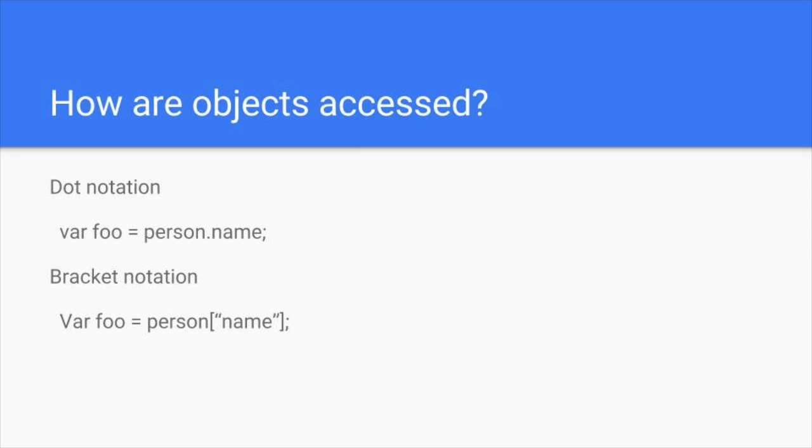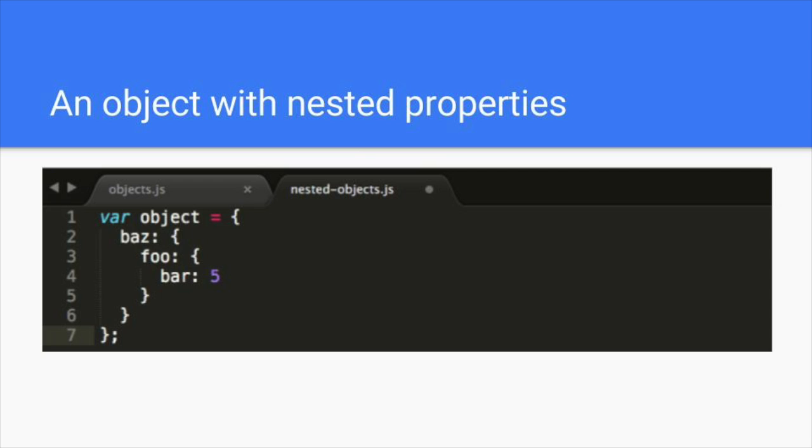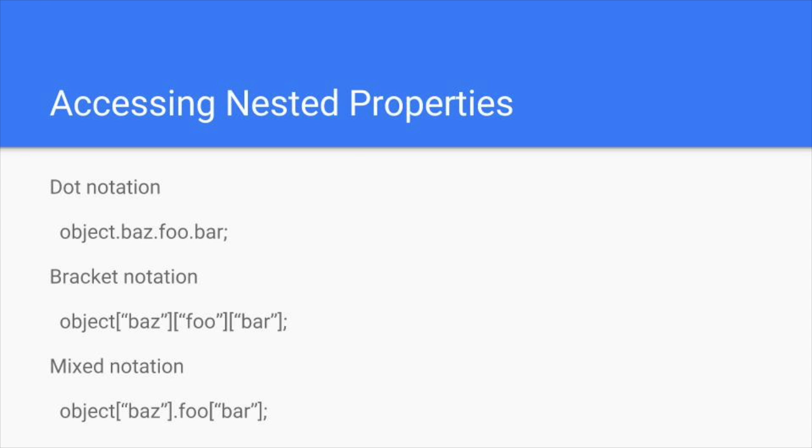Inside the square bracket, the property name is specified as a string. We should also note here that nested objects can be accessed by chaining bracket and/or dot references together. Here's an example of an object with nested properties. So what do you say we practice this in the console?